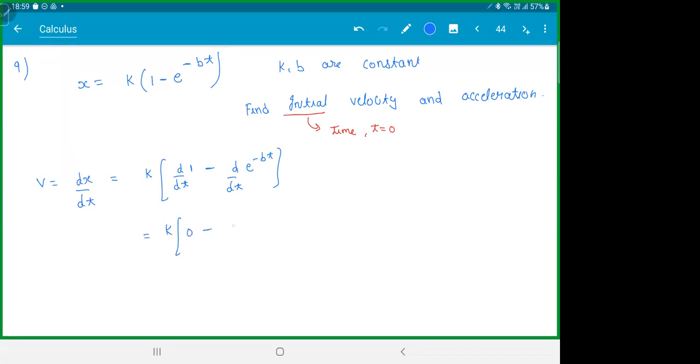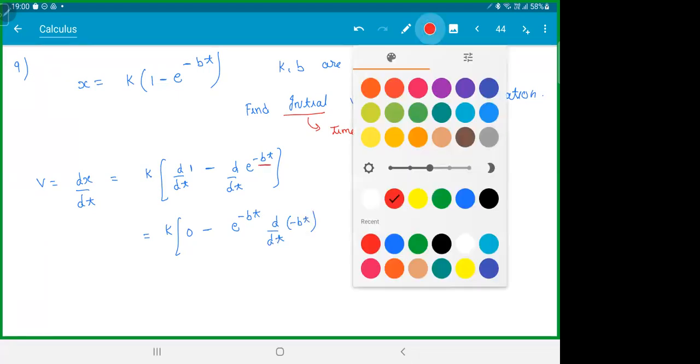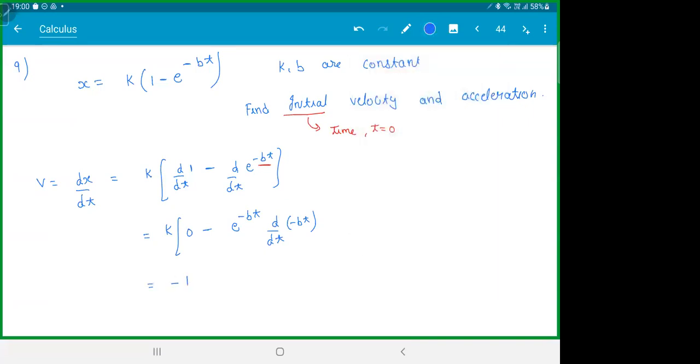So that will be e power function, because e power x is e power x only, and then differentiate whatever is inside. This is minus k into e power minus bt into minus b. So this is kb into e power minus bt. This is your velocity.